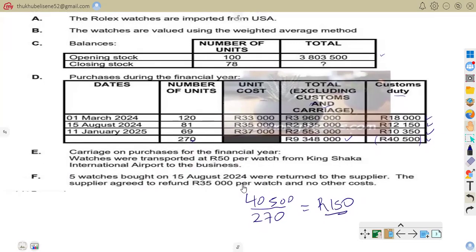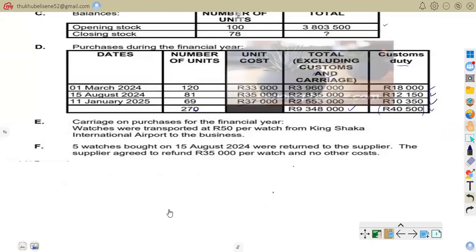We need to have carriage on purchases as we are told that we have carriage on purchases. So let us just do it now so that we can see how we are going to calculate our weighted average.